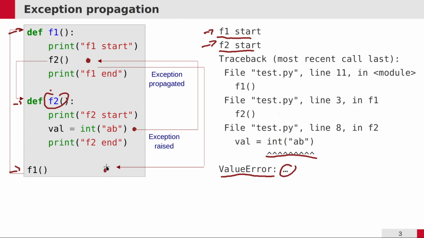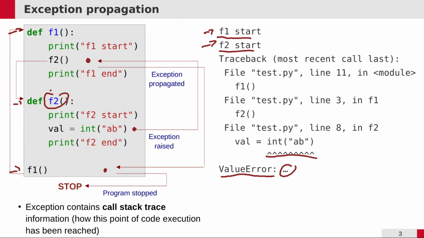Again, we are not handling the exception, so we would return to what called this line, but this is already the main script, and therefore Python will just stop the code. And in the error message of the exception, we see the entire so-called call stack trace. We see the line which was causing the problem, and in a backwards way we see how we reached those lines.